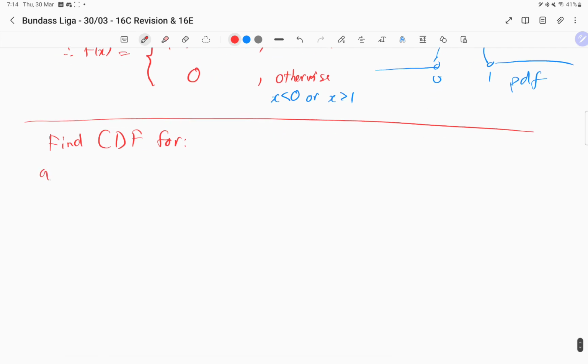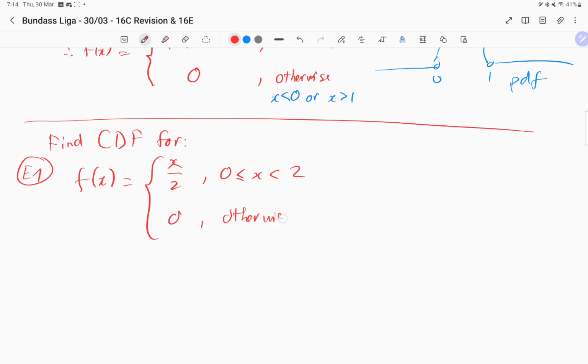Question A, small f of x is equal to x over 2, and this is extra question 1. f of x would be x over 2 for 0 less than or equal to x less than or equal to 2, and 0 otherwise. Right, try this one. Find me the CDF for this function.